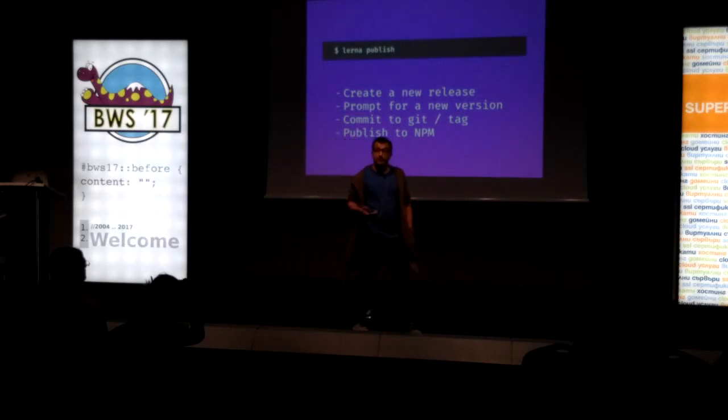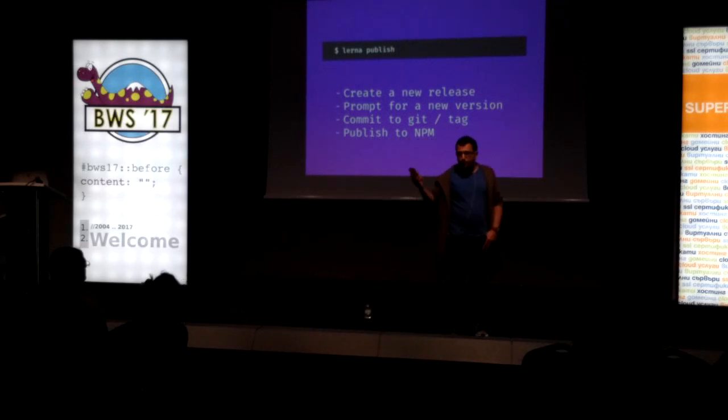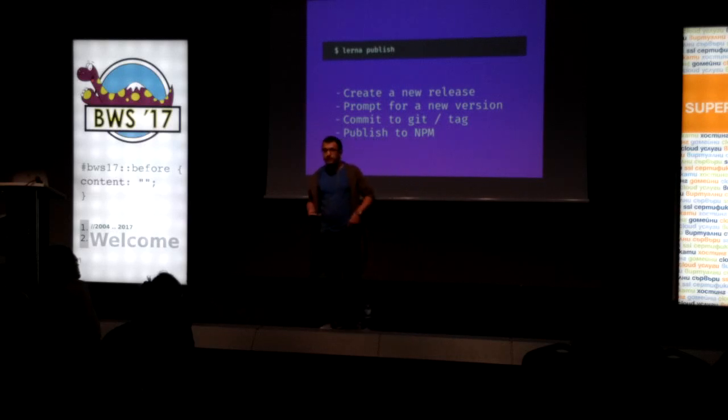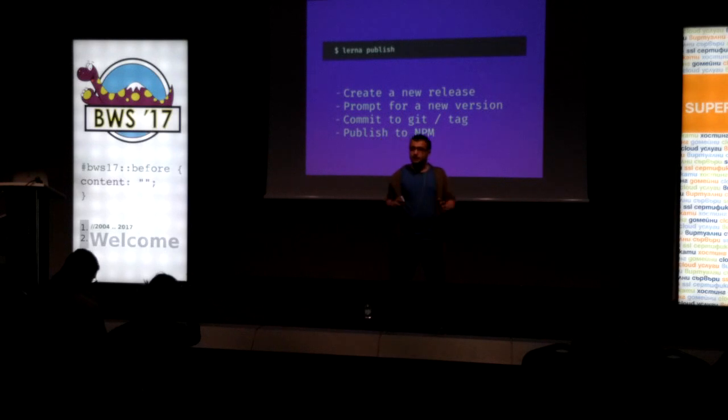If you are not using independent mode, it prompts for a single version, and then creates a Git tag for your version, and then commits and pushes that to Git, and then publishes them. So it's very convenient.